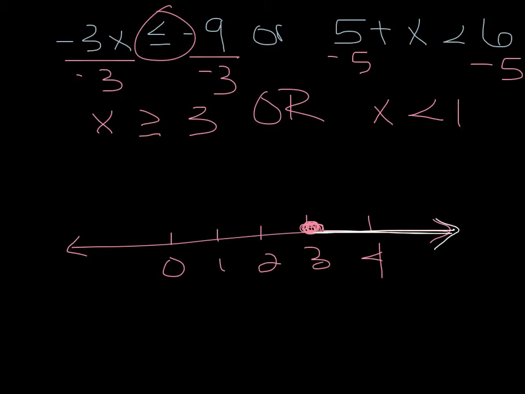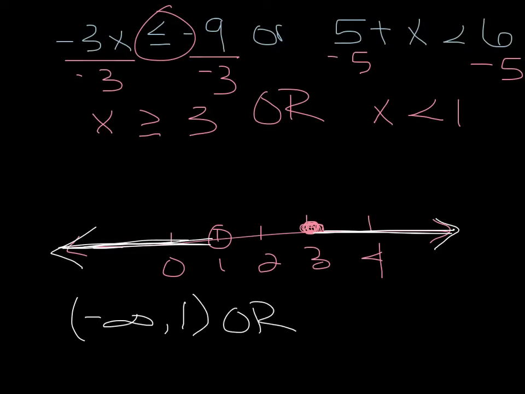And our other one says x is less than 1, so we'll have an open circle at 1, and it's all numbers less than 1, so we will be shading that to the left. Our interval notation will be open parenthesis, negative infinity to 1 parenthesis, or we'll have a bracket because it's closed at 3 to positive infinity.